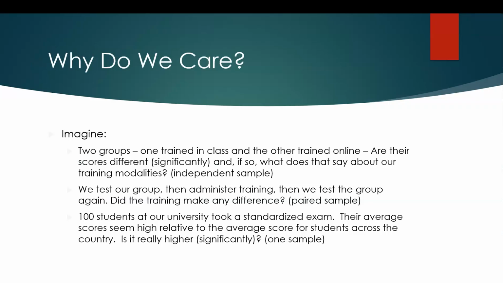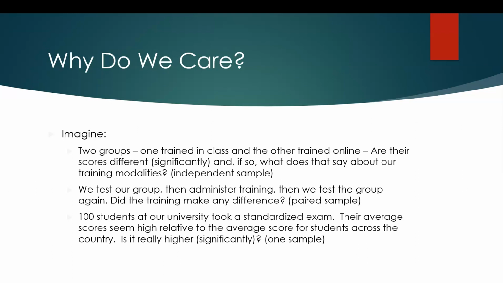Well, imagine you have these three scenarios. The first one, you've got two groups, and these two groups are groups of employees. One of them was trained using an in-class training process, and the other one went through an online training process. Now, as the HR director or the leader of these teams, I want to know if the end result is different, if it's significantly different.